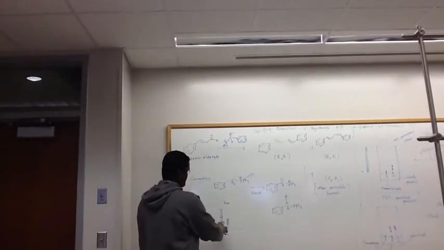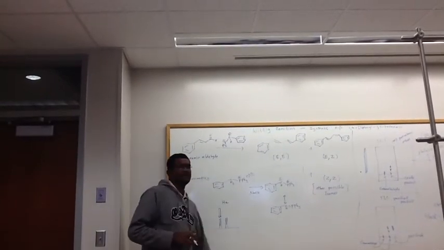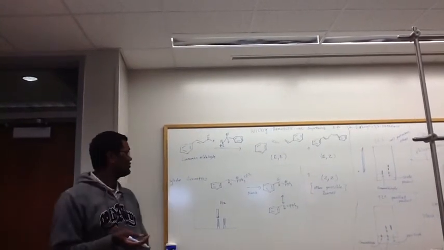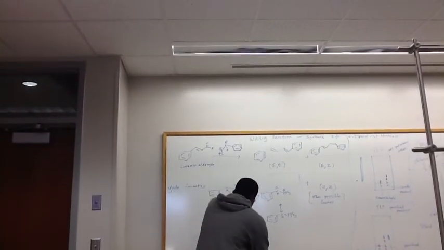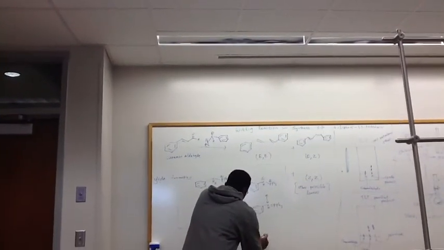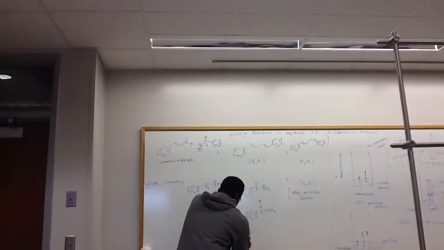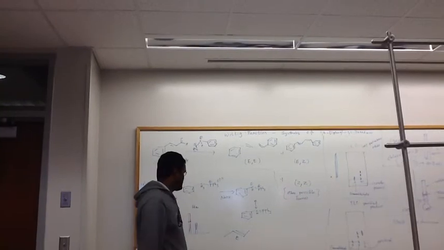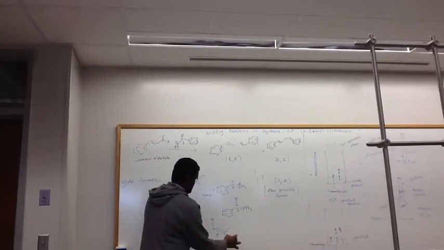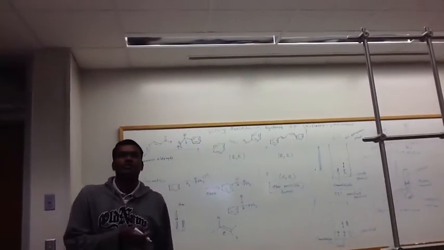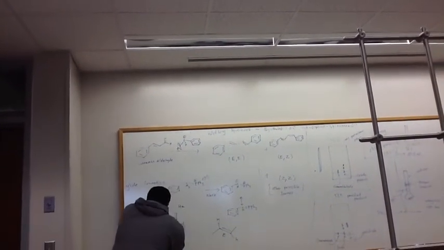The value between these two splittings is specific for E and Z isomers. For the E isomer you have 2 protons, right? They will have that value. It's also called the J value or coupling constant, because they couple to each other. So that's called the J value.